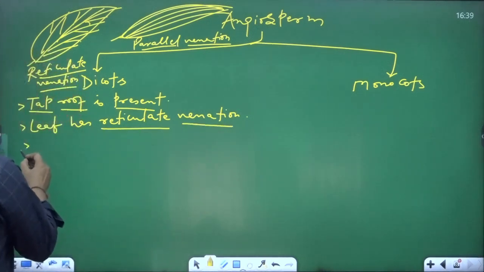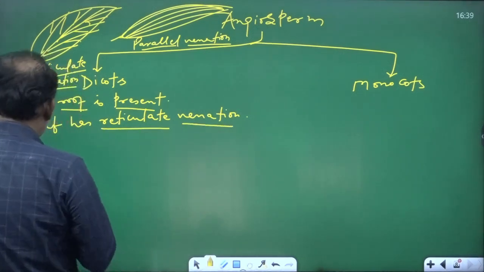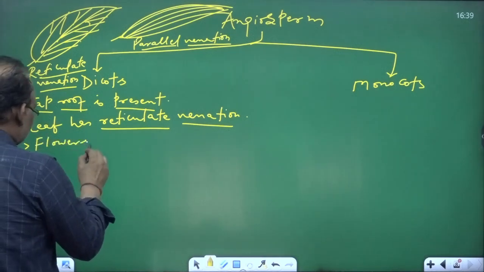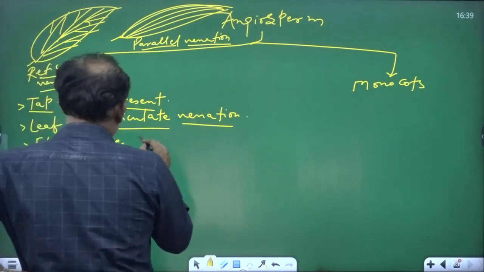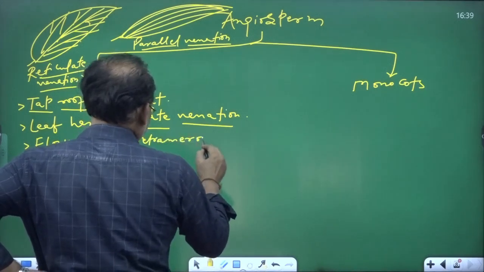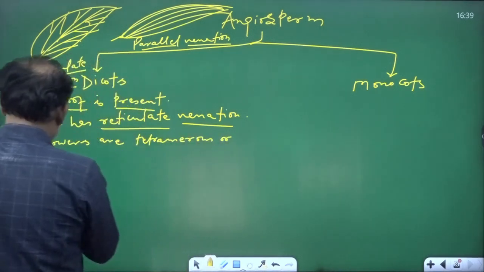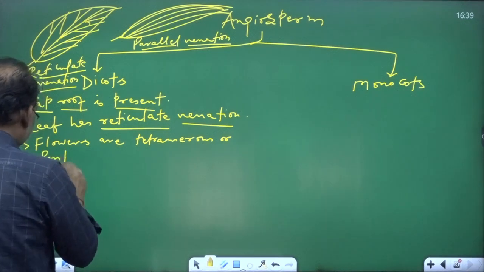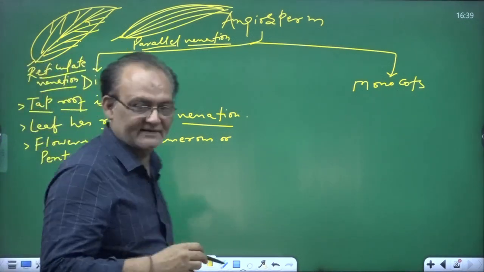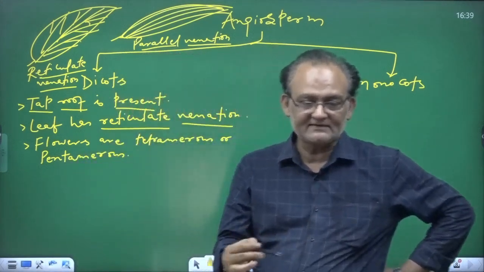Okay, next point. Flowers are tetramerous or pentamerous. Now what do you mean? Pentamerous and tetramerous means 4 sepals, 4 petals, or 5 sepals, 5 petals.